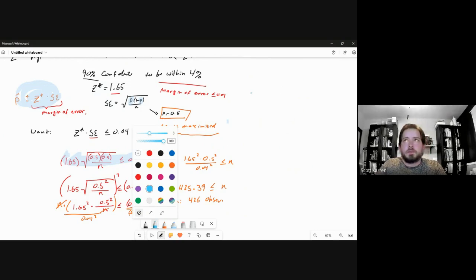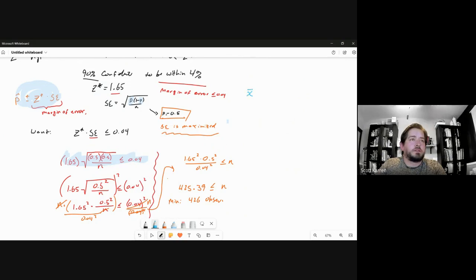In the t-test world, we have this. So the sample mean plus or minus the t-star based on your degrees of freedom, and then multiplied by your standard error. The problem here is when we solve for this, I had an n just hanging out there in the standard error.